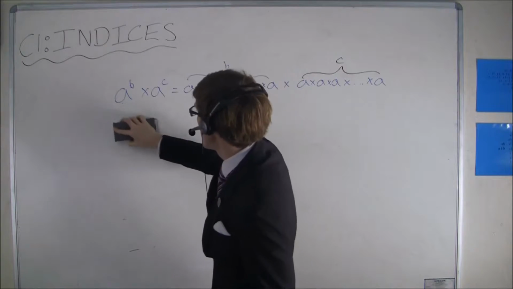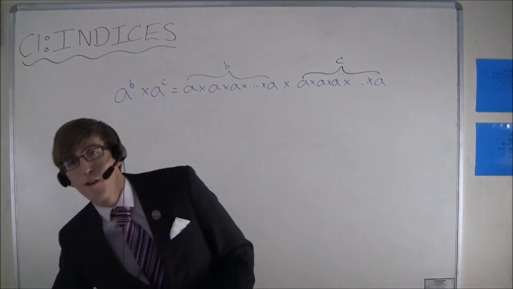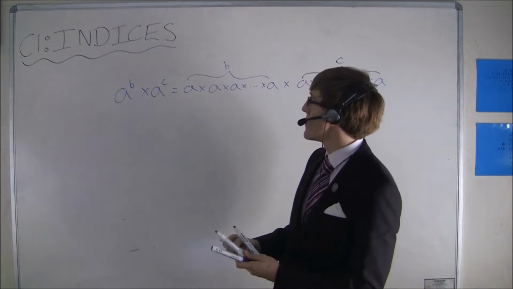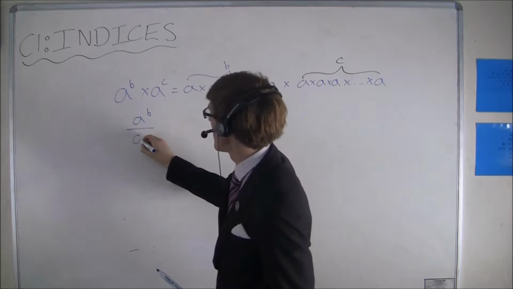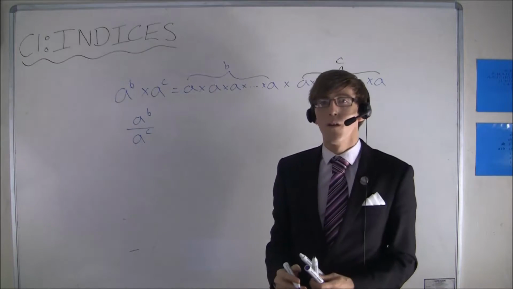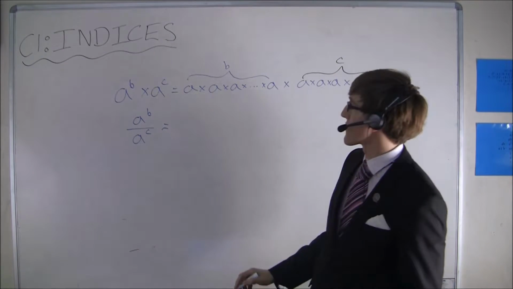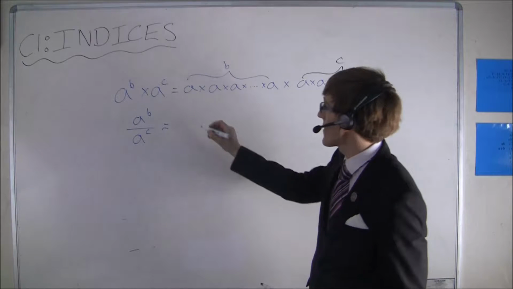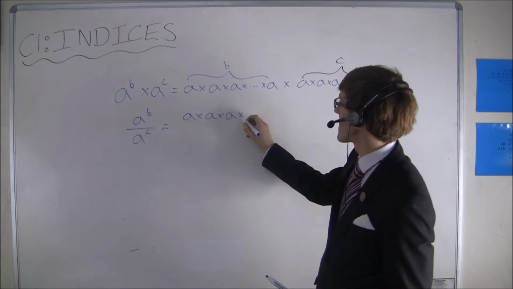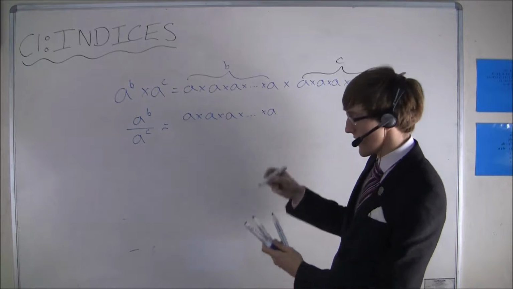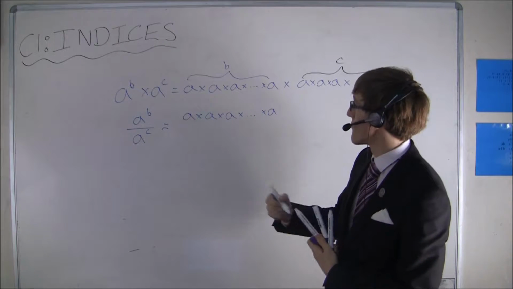The next rule we have to learn concerns what happens if we're dividing powers. So if we had a to the power of b over a to the power of c, then the numerator of this is just going to be b lots of a multiplied together. So again, a times a times dot dot dot times a total of b times.